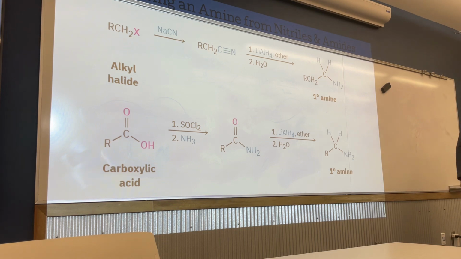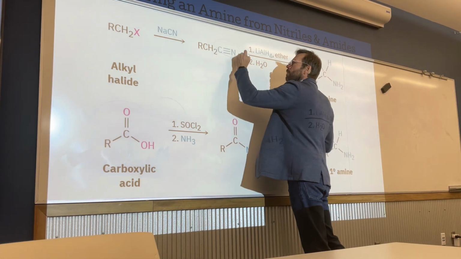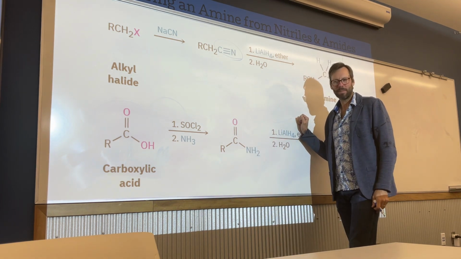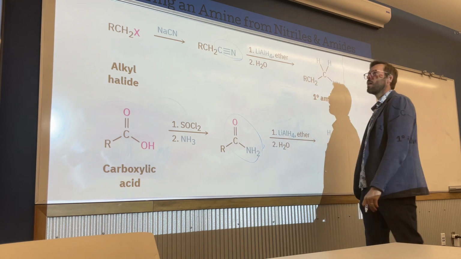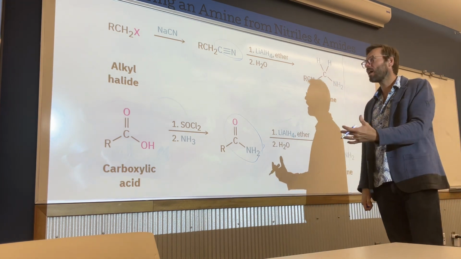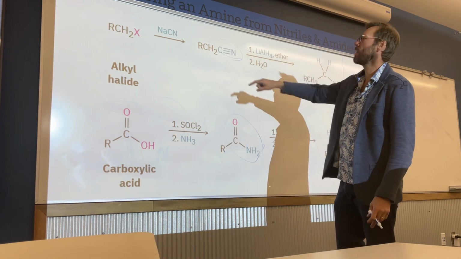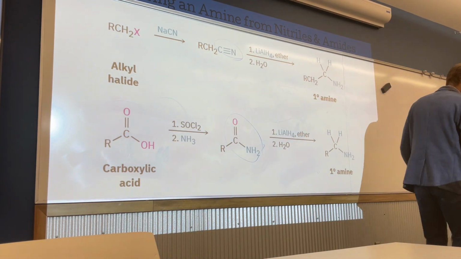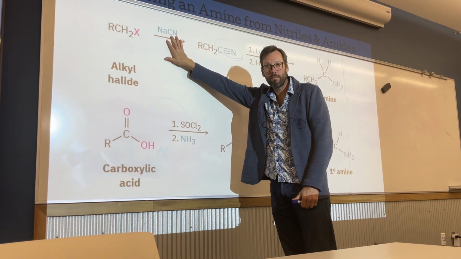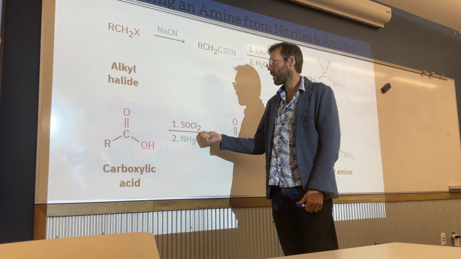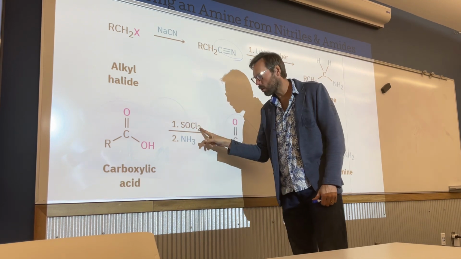All right, let's make amines from nitriles and amides. What's this? That's a nitrile. What's this? That's an amide. So if we take our alkyl halide or our carboxylic acid and put it in the presence of, again, nothing's changed here, our sodium cyanide, our sodium cyanate, and our thionyl chloride.